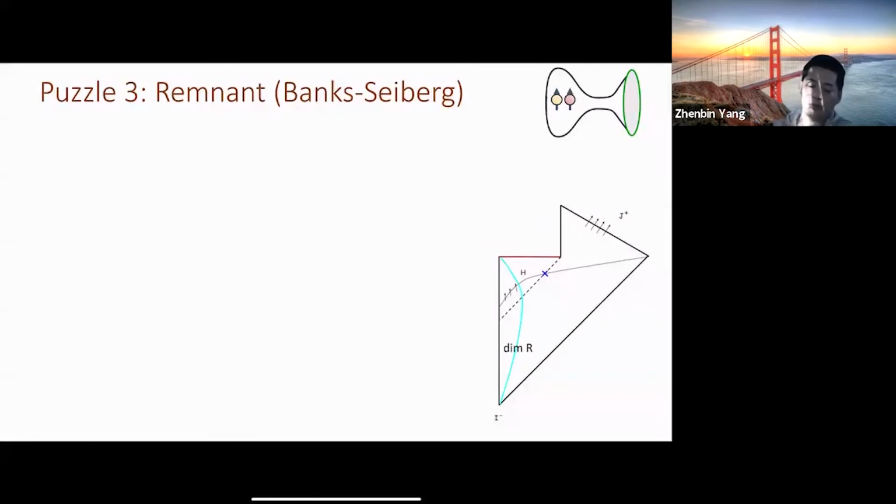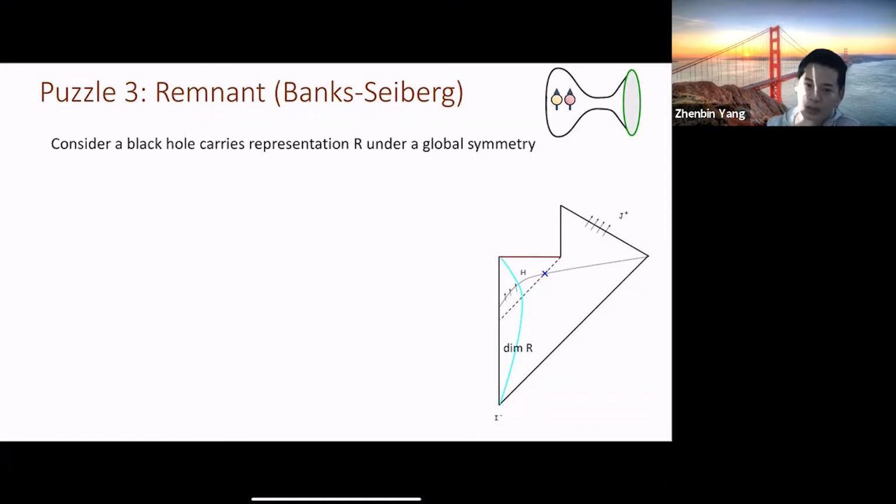The remnant argument for no global symmetry in quantum gravity considers gravity coupled to a QFT with some global symmetry G. You create a black hole by forming a matter field that carries some representation R under the global symmetry.